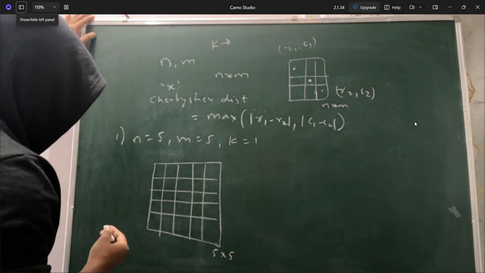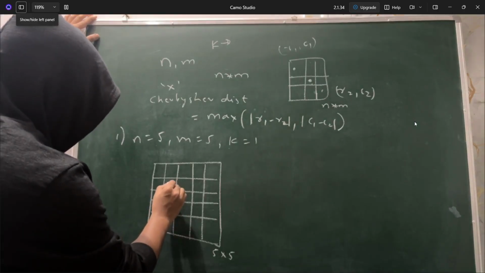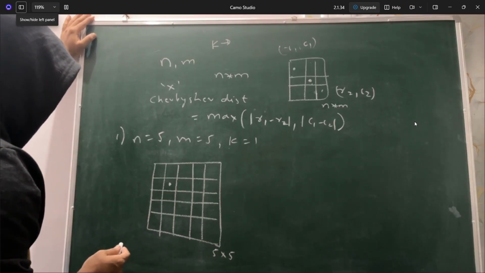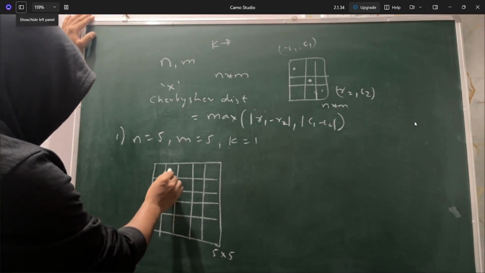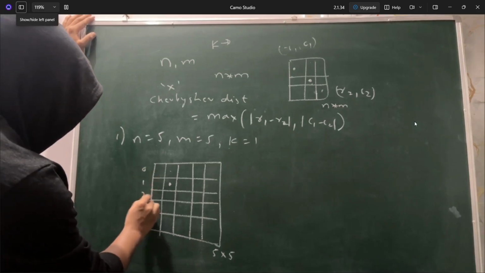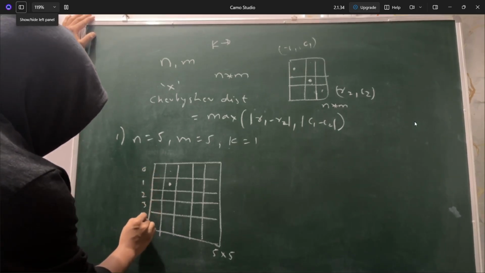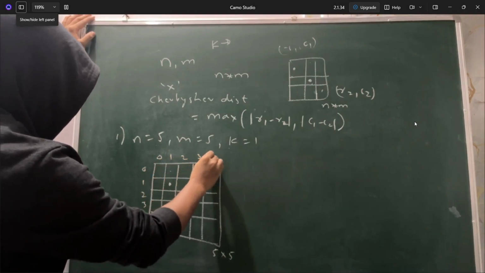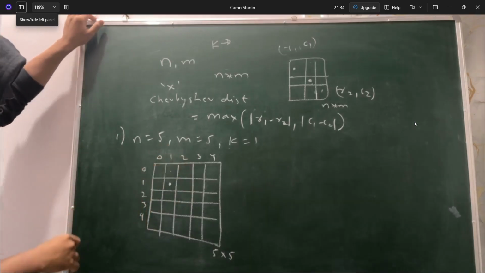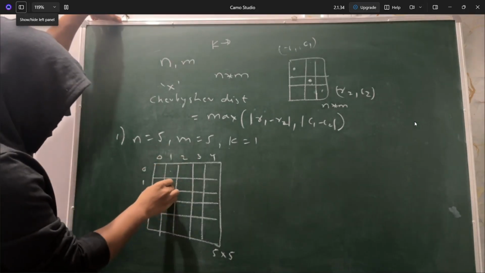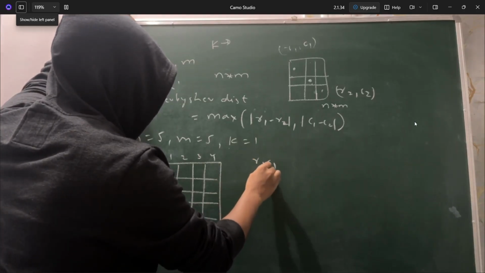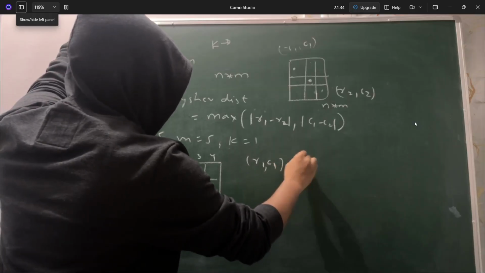Say I place one sensor at this position. Let me take the indices as well: rows 0 1 2 3 4 and columns 0 1 2 3 4. This point is given by R1 comma C1, which is basically 1 comma 1.